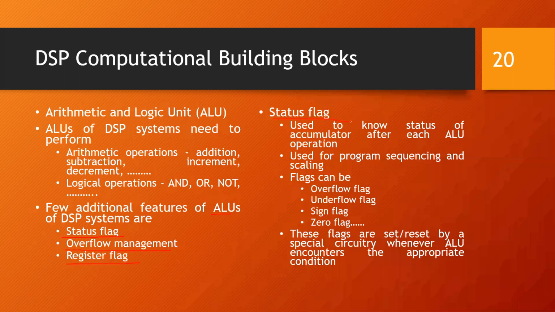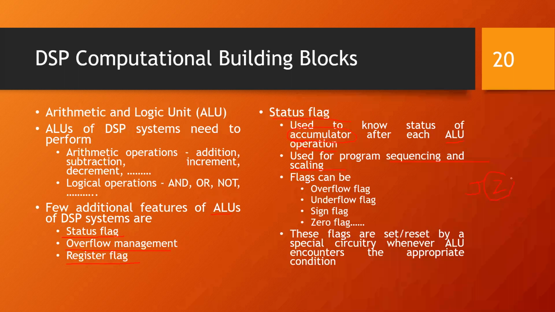So let us come to the status flag. This is basically used to identify the status of the accumulator, which is required in an ALU operation. It might be utilized for sequencing and scaling purposes. For example, suppose you are performing a jump zero.